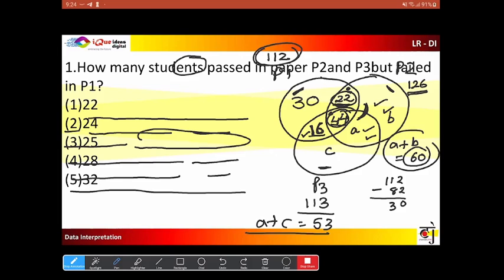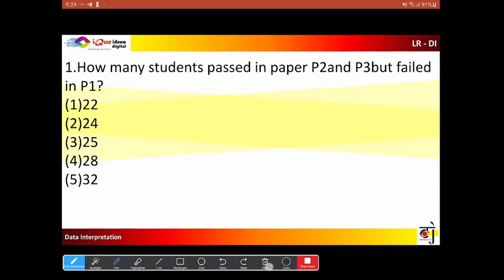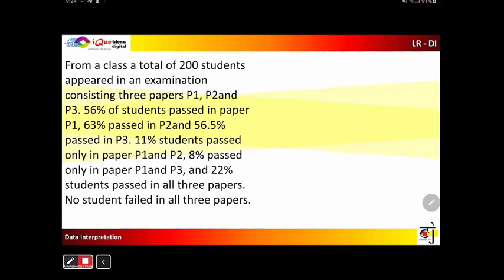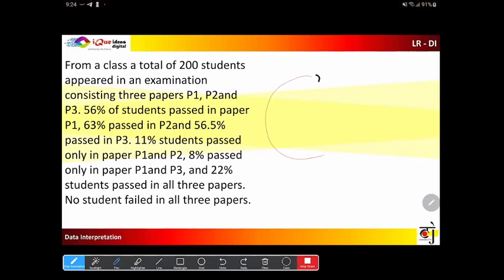Technically, you can go ahead from this. Actually, it is possible to calculate all the values exactly. Let's take a look at it once again. Actually, you can complete the table.